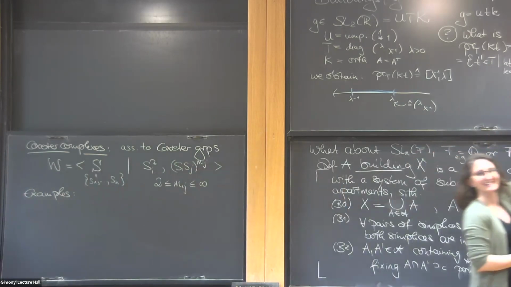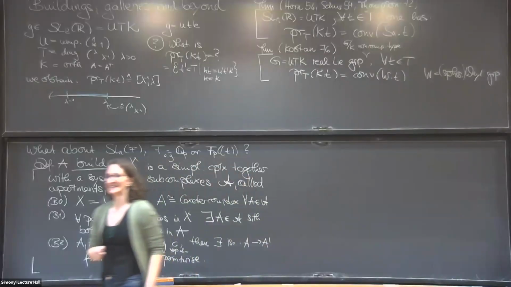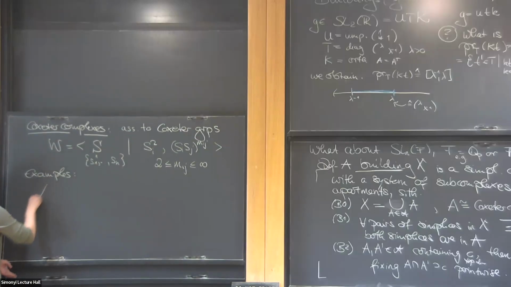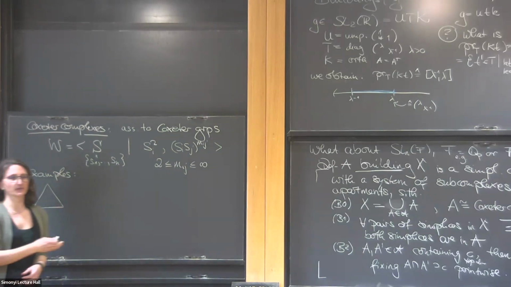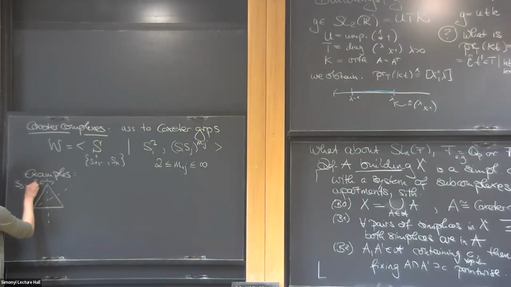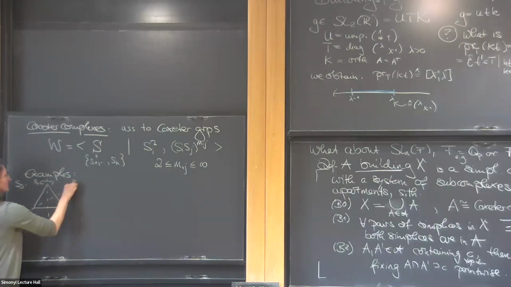You've seen one, S_n. It's one class of examples. The first one you can think of as, let's say, S3. It's the symmetric group on 3 letters, so it's the symmetries of a triangle generated by reflections. And here are my 2 reflections. If you do so, you obtain actually 6 elements.